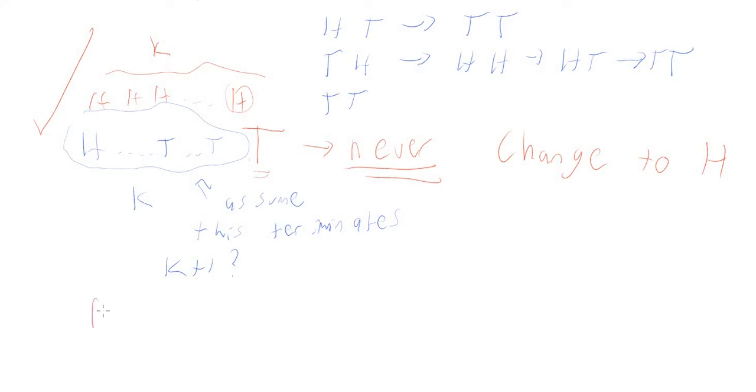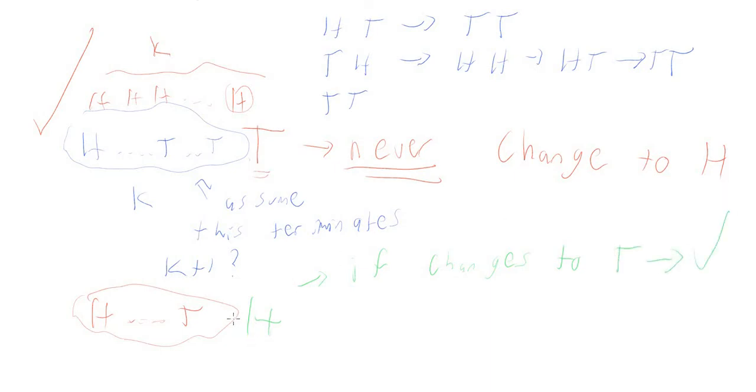But because we're using the inductive hypothesis here, we have something where it ends with an H, and we want to say, does this terminate? So we already know if this changes to T, we're good.